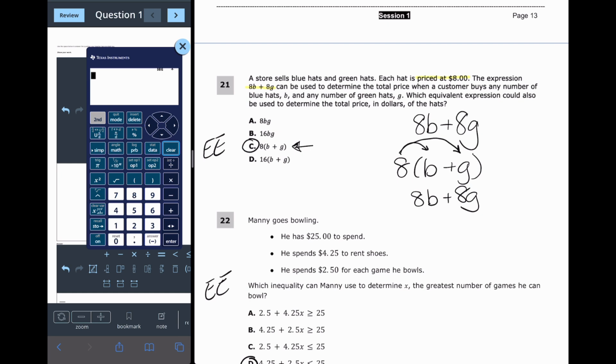The reason the other ones aren't equivalent: 8BG just means 8 times the number of hats that are blue times the number of hats that are green, so that doesn't work. 16, no, they're assuming that kids are combining these terms together, which you can't because they have different variables. And D makes the most sense because if you distribute it, we can see that you get 16B plus 16G, and that's not equivalent either.